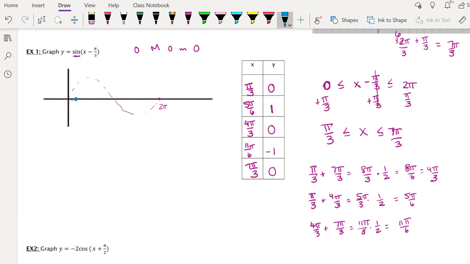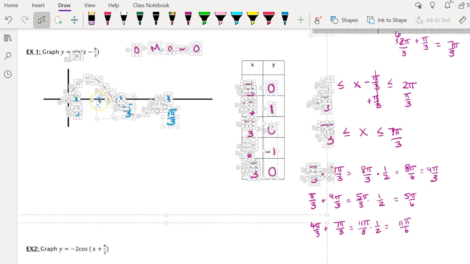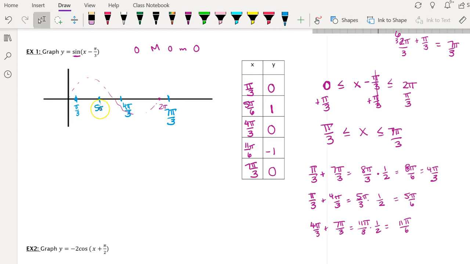It's about 1/3 of a unit away. And then everything is going to shift a little bit further. So 7 pi over 3 is a little bit more than 2 pi. And 4/3 pi is a little bit more than pi. And then I have 5 pi over 6 and 11 pi over 6.